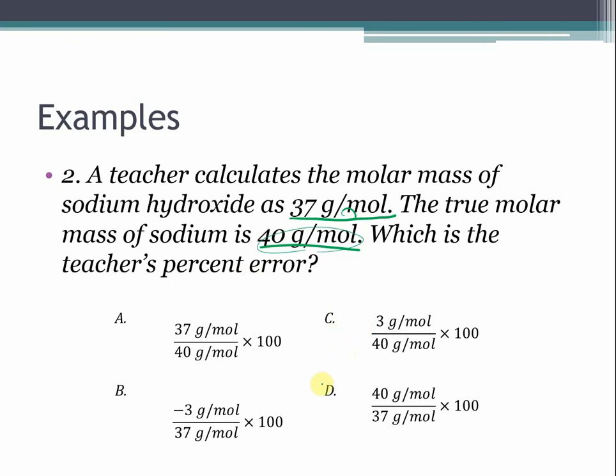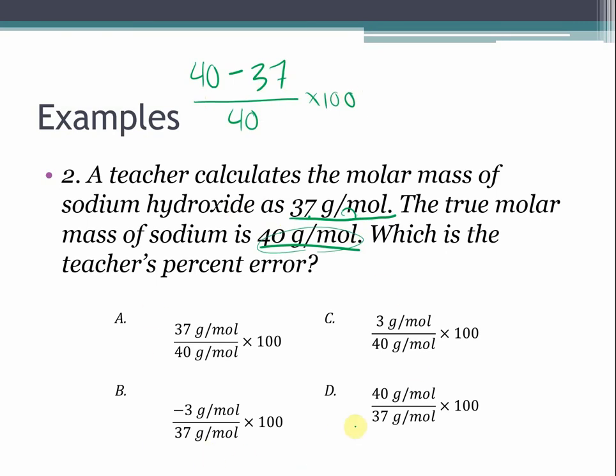Notice that this time we're not looking for a final answer, we're looking for the correct setup down here. So we can go ahead and set it up ourselves and then just see which one matches. That tends to be the safest way to do it. So we'll do, once again, our accepted value of 40, minus our experimental value of 37, divided by that accepted value of 40, times 100.